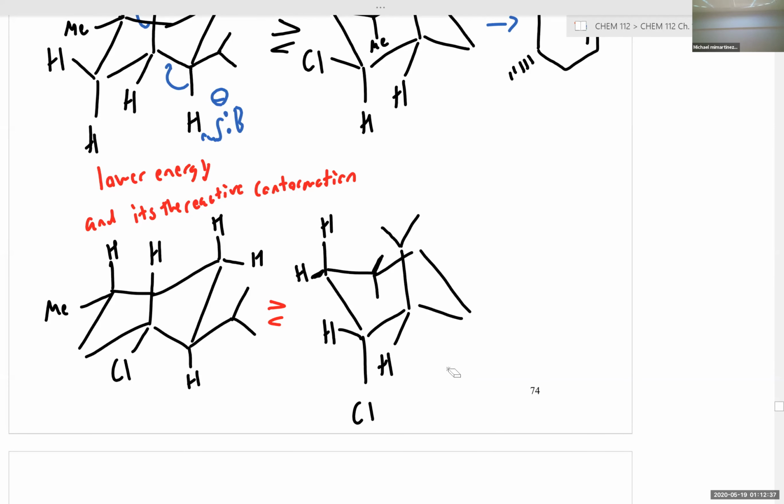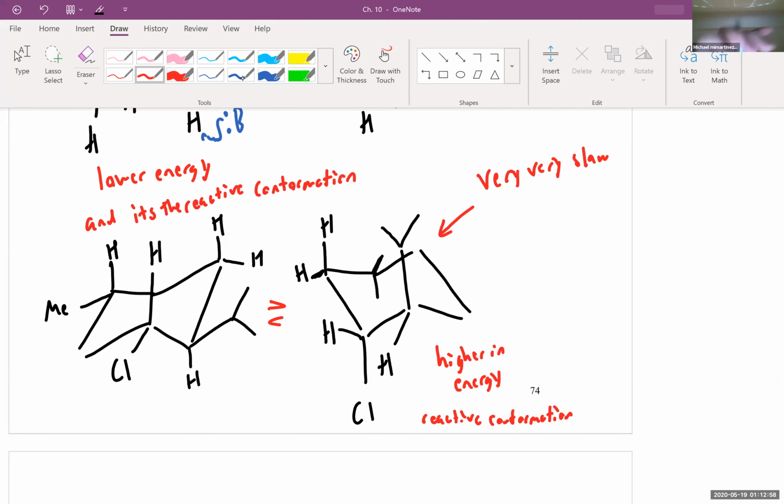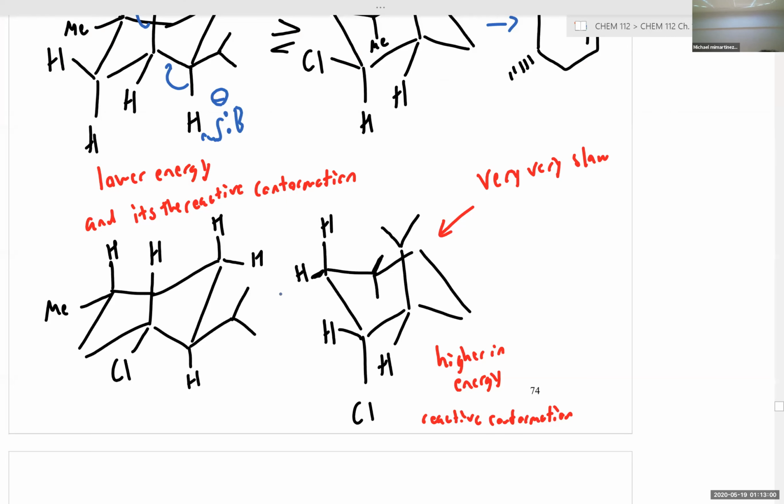However, the conformation on the right is higher in energy, and it's the reactive conformation. What this means is that this reaction is going to be very, very slow because we have to climb this absolutely massive energetic barrier to undergo a ring flip.